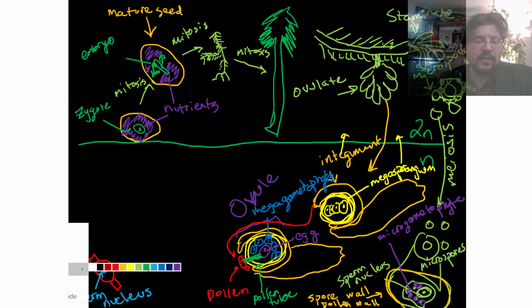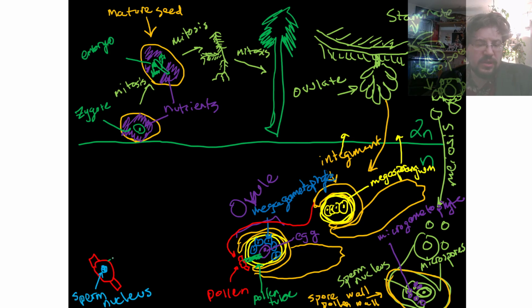Our pollen grain has produced a pollen tube, which meets up with our egg.